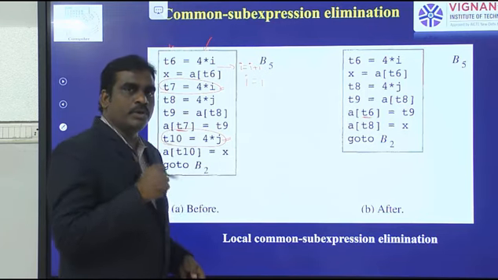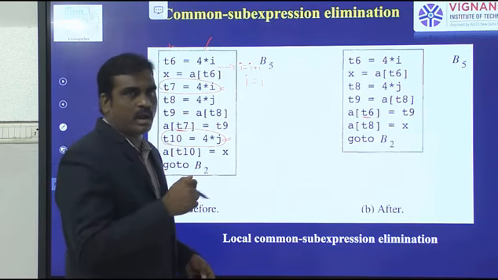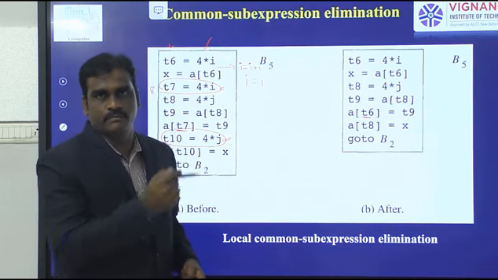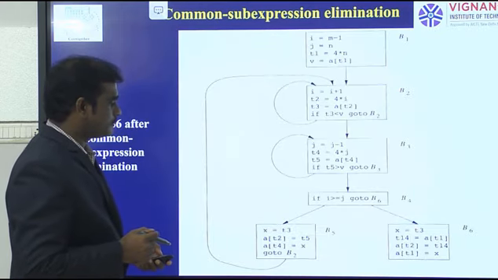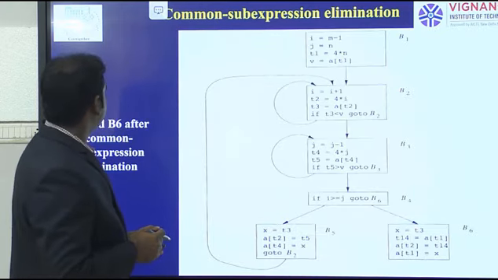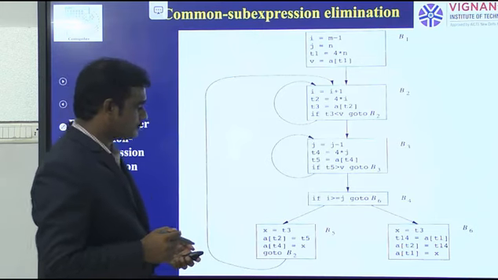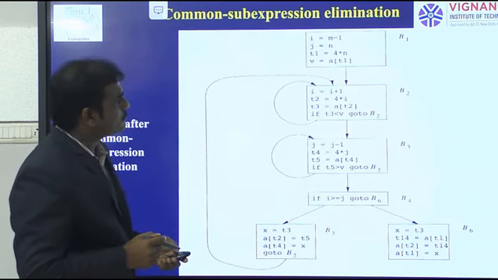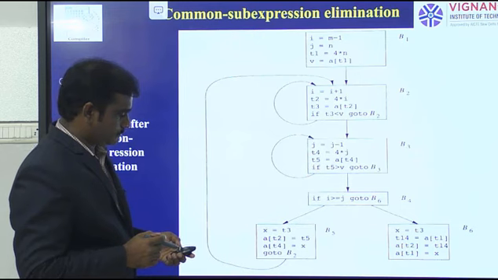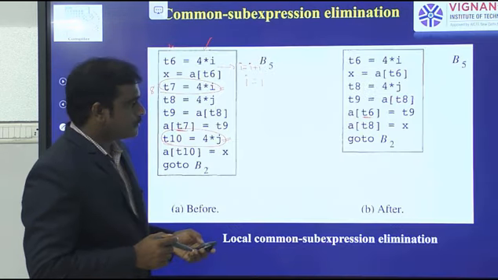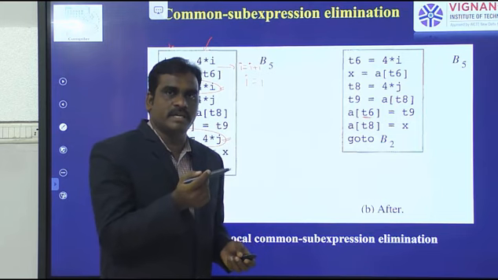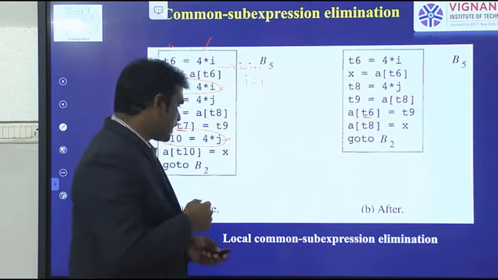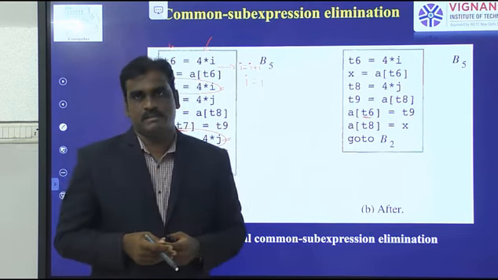Like that, you have to perform on block 6 in the same way. In the same way, you can perform block 6 also. So this is about local common sub expression.